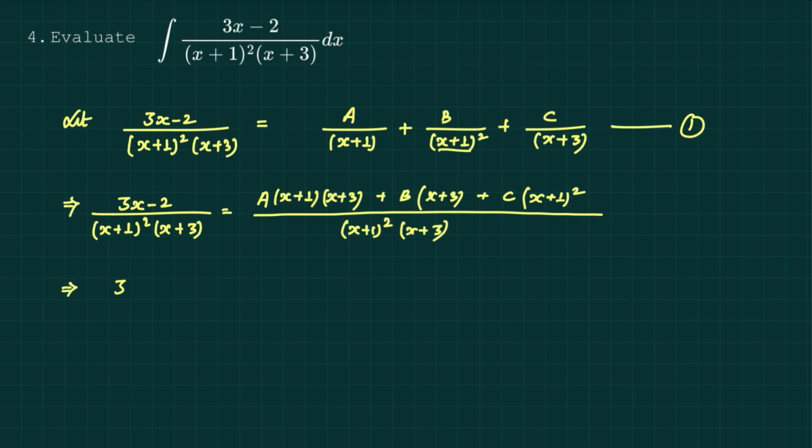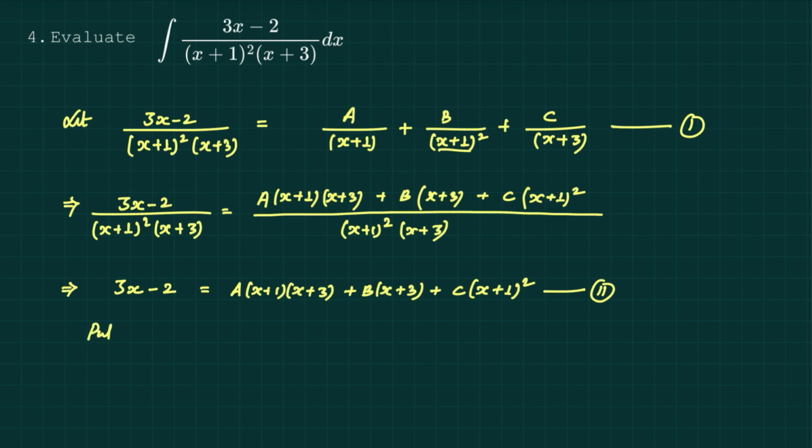So comparing the numerator, 3x minus 2 equals a into (x plus 1) into (x plus 3) plus b into (x plus 3) plus c into (x plus 1) whole square. Let this be equation 2.